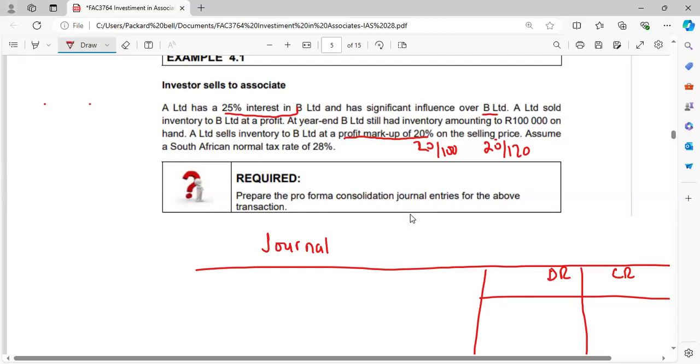At year end, B Limited still had inventory amounting to 100,000 on hand, at a profit markup of 20%.